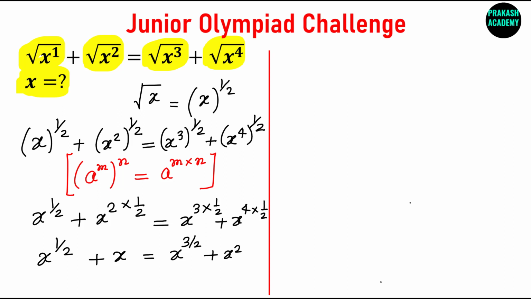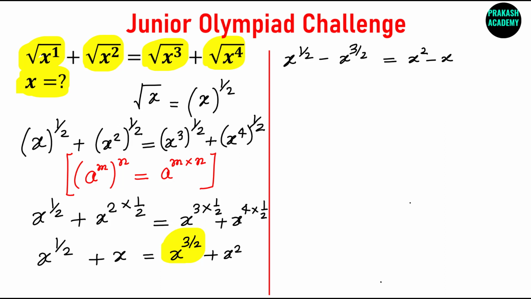So let us take this term, x raised to the power 3 by 2, to the left hand side and x I can take to the right hand side. So I will have x raised to the power 1 by 2 minus x raised to the power 3 by 2, and this side we will have x square minus x.